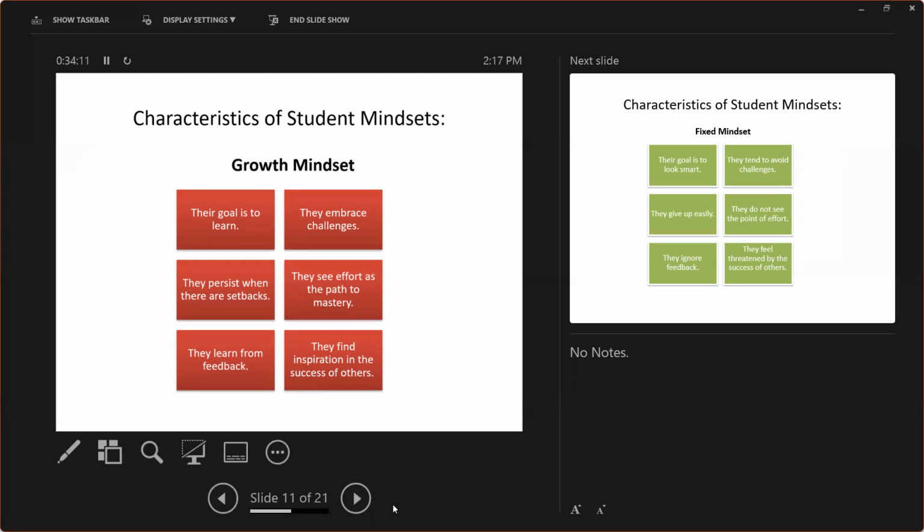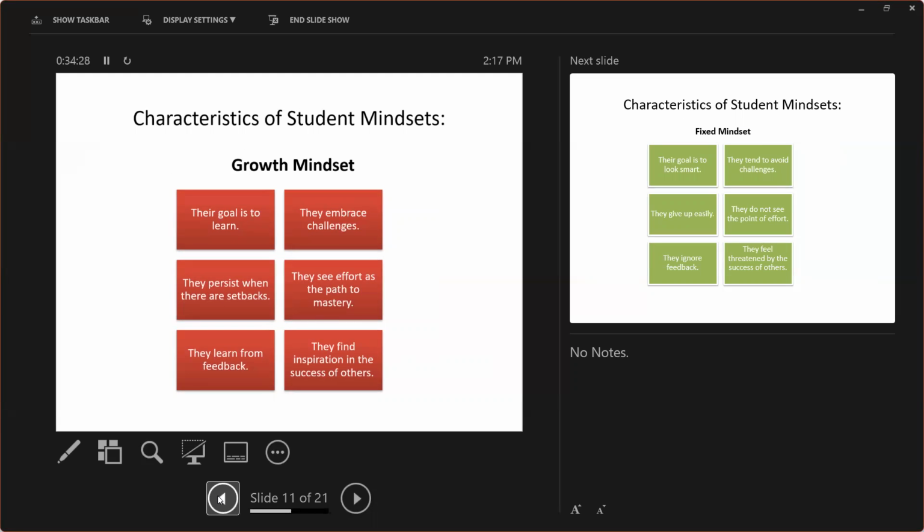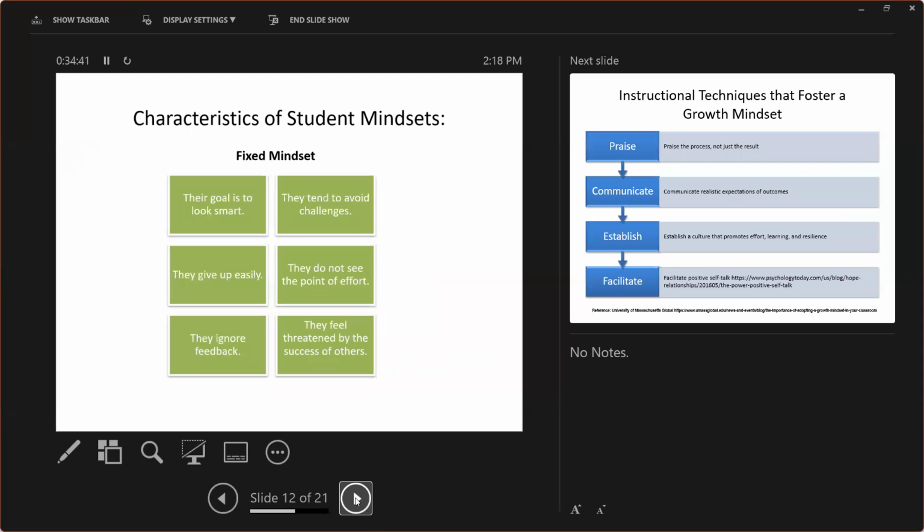And I really wanted to connect with those first semester freshmen to see how I could help them to develop some of these techniques and mindsets that can help them be successful. And we did talk about growth mindset and fixed mindset in that course. And I think it was important for some of them. They hadn't really realized that they had a fixed mindset.